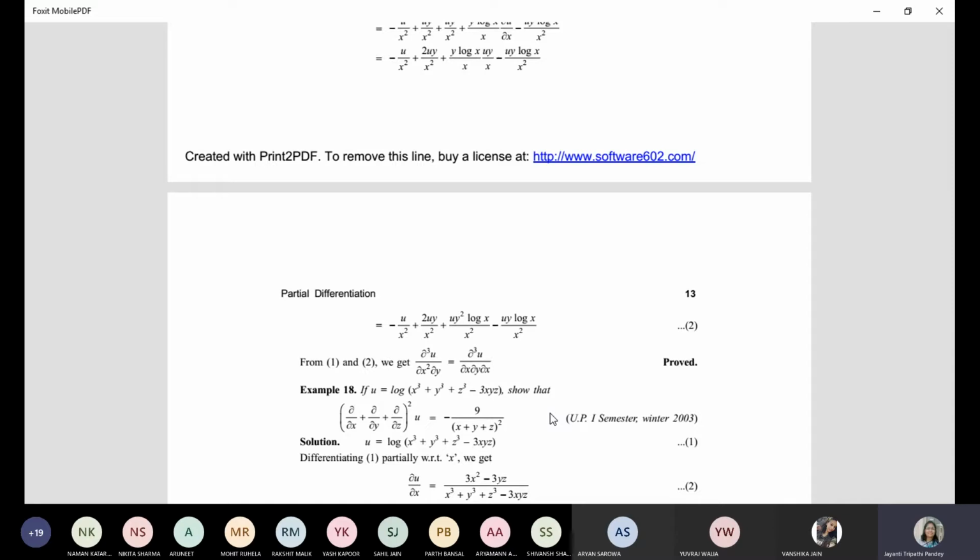Then I'll open the blank pages so that we can solve. Noted?